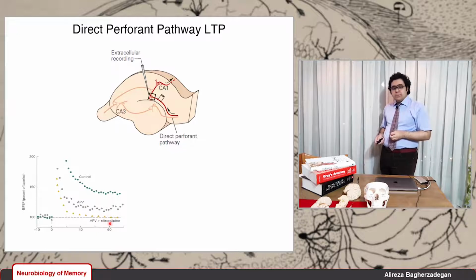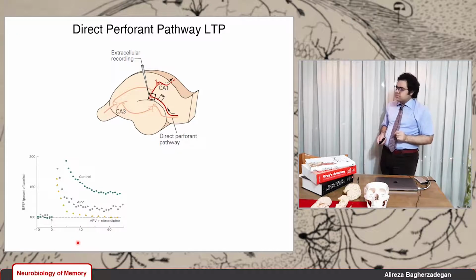When we apply nitrendipine, and nitrendipine, APV inhibits NMDA receptors. Nitrendipine inhibits L-type voltage-gated calcium ion channels. When we apply both of them together, we have no LTP.